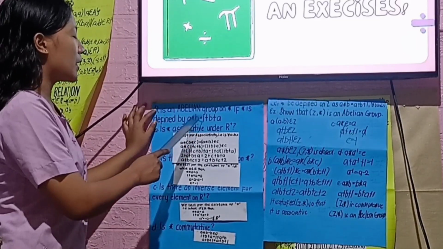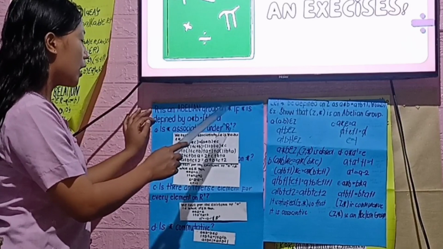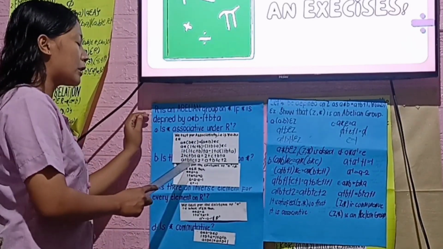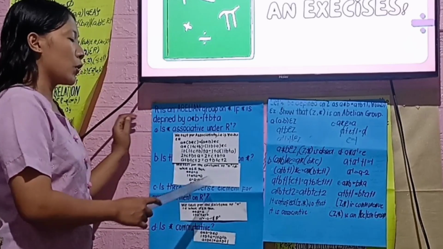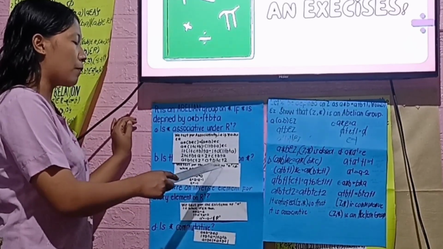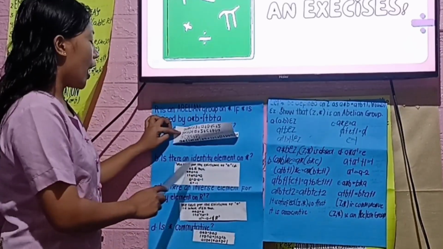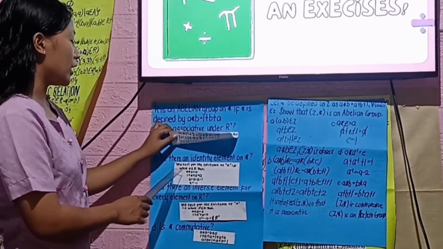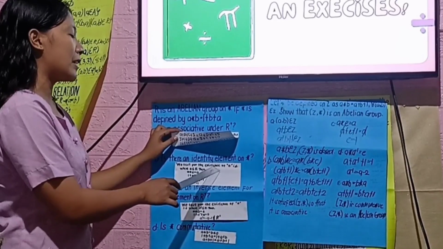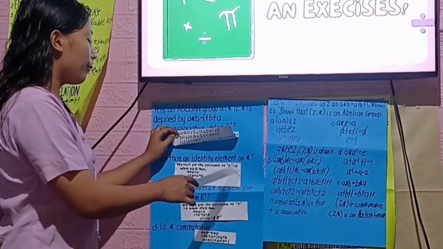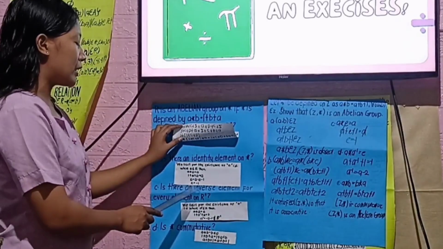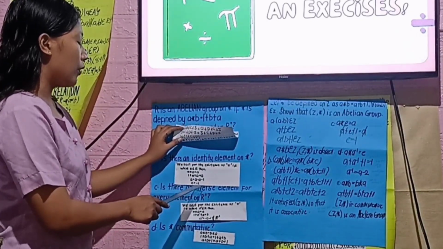A star B is equal to 1 plus B plus A. So we come up with A plus B plus C plus 2, which is equal to A plus B plus C plus 2. Is there an identity element on star? Yes, there is. We test for the existence of E where E is an element of R. So E is equal to negative 1.